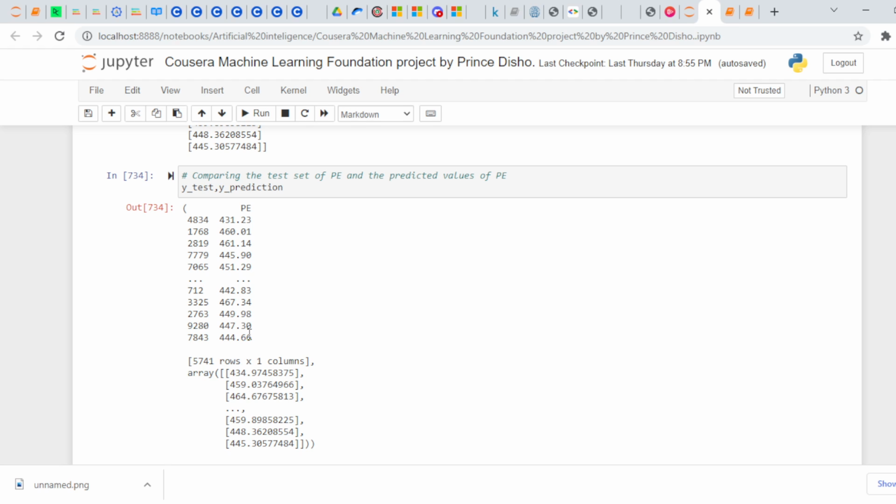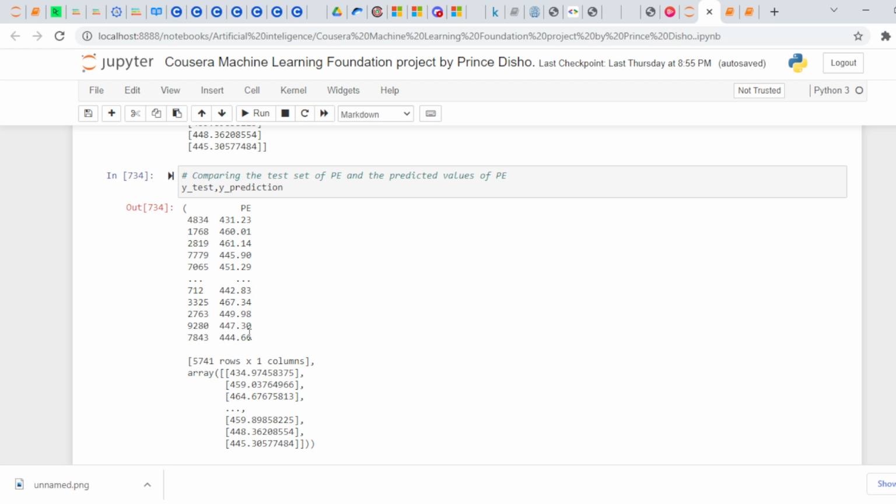We have 431.23, 434.97, 460.01, 459.03, 461.14, 464.67. So what does it show? It shows that we have a close relationship between the testing data and the predicted output values. This shows how good our model has done its work in terms of giving us the predictions.